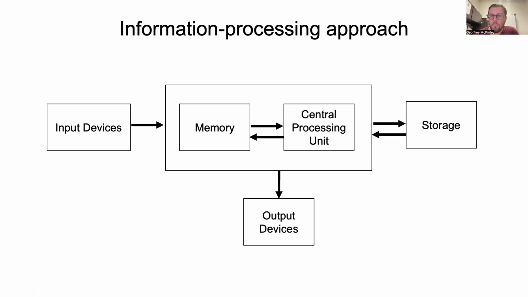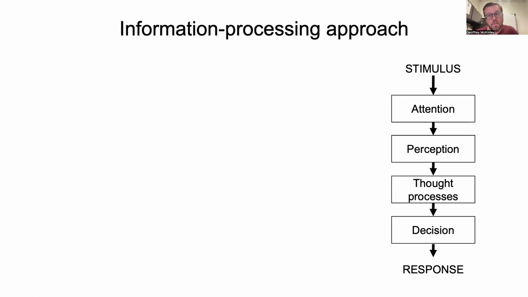Now, that might be a somewhat incorrect or at least a crude way of explaining how a computer works. I don't really know exactly how a computer works, but let's just go with that. The idea is that in a similar way, there's a stimulus that goes into our system, right?